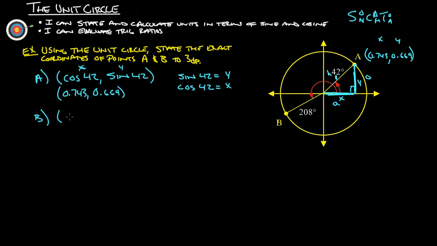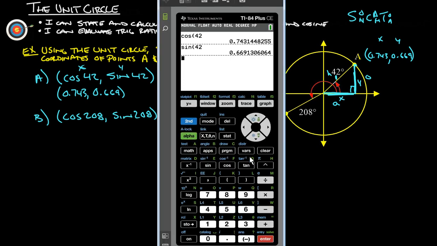B is the same exact idea. We're going to simply plug in cosine of 208 for the x value and sine of 208 for the y value. Stick it into our calculator and see what we get. So we do cosine 208, and we get negative 0.883.